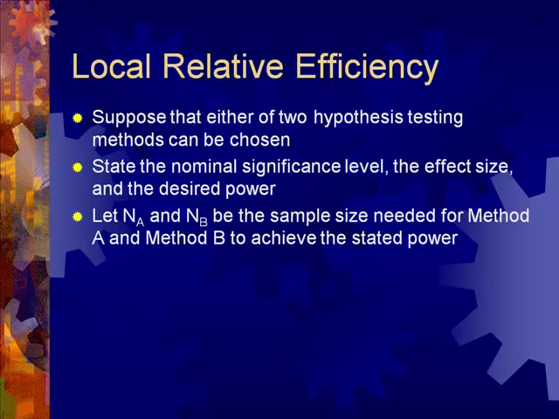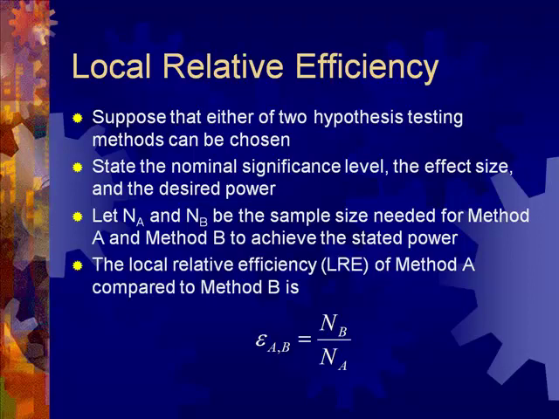N sub B is similarly the sample size needed, again, to achieve the desired power with the stated effect size and with the nominal significance level. Note that the significance level, the effect size, and the power are the same regardless of which method we're looking at here. So we're obtaining 2 sample sizes, one for each method, with all the other variables held constant.